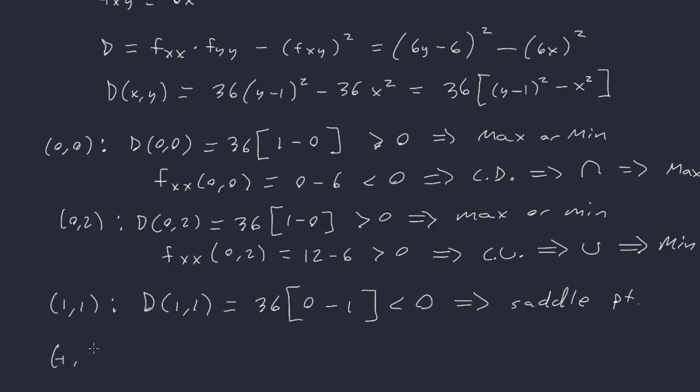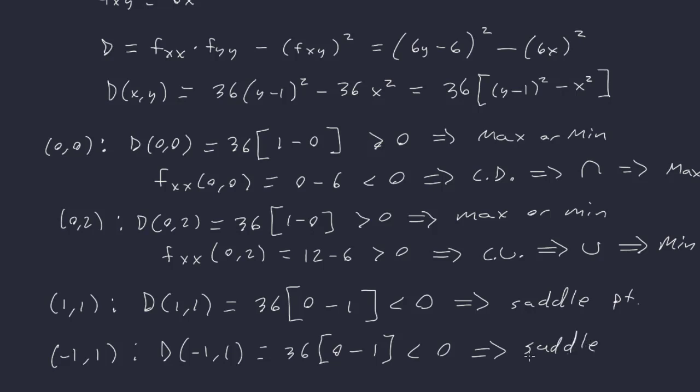And then at negative 1, 1, we'll get 36 times the 1 makes that 0 again. The negative 1 squared is still 1. So again, we get negative, which will be a saddle point.